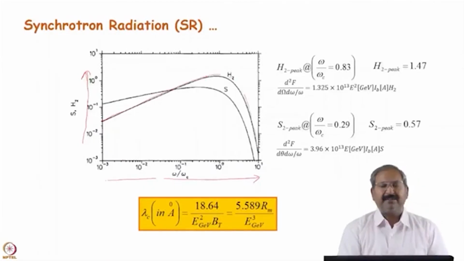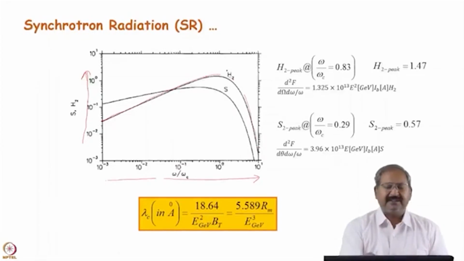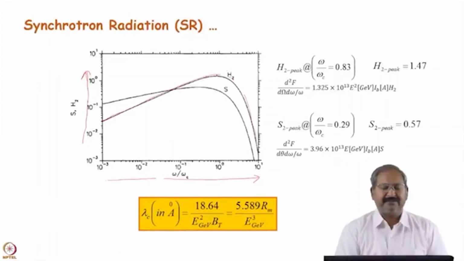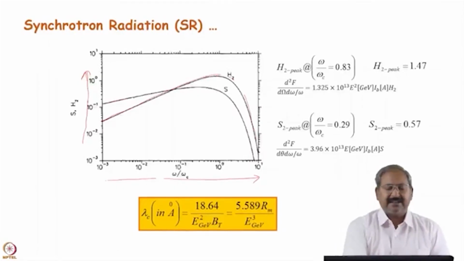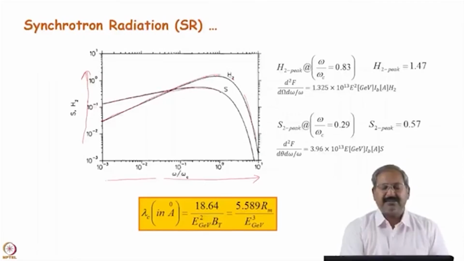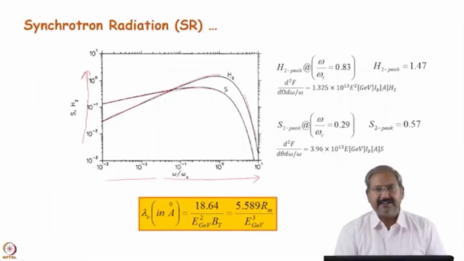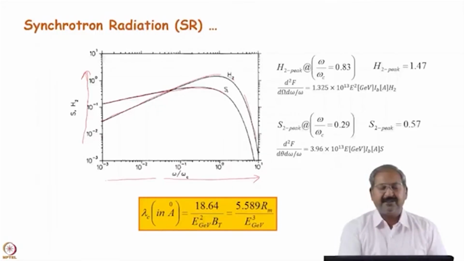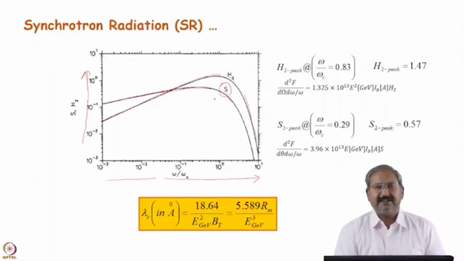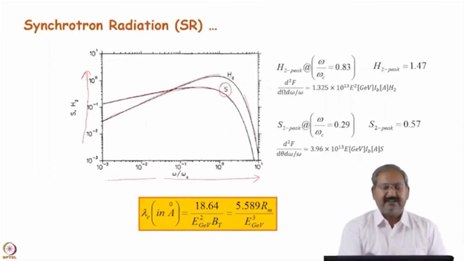Means when angle psi is 0, what is the radiated intensity? This curve shows that. And this S curve shows when we integrate the intensity over the opening angle psi. This is the total. This S actually indicates the total radiated power integrated, and the other shows only the on-axis radiated flux.